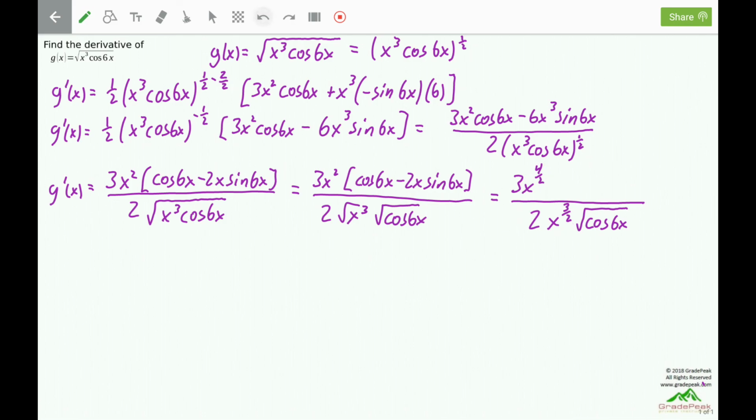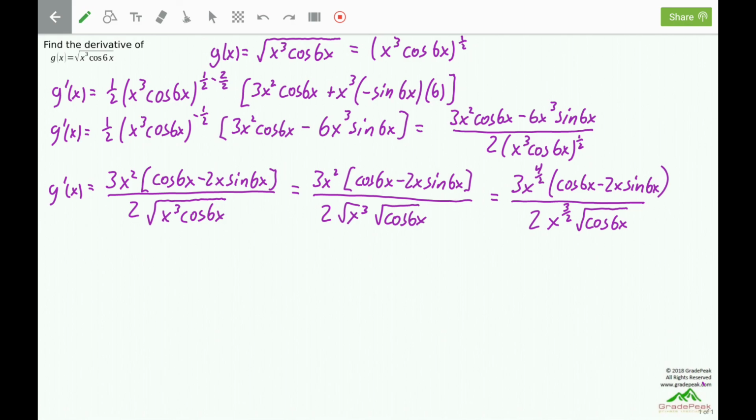And they're now over a common denominator for the subtraction. That just will make the subtraction more possible. And then we have this other quantity in the numerator of cosine of 6x minus 2x sine of 6x. I'm not going to do anything with that.